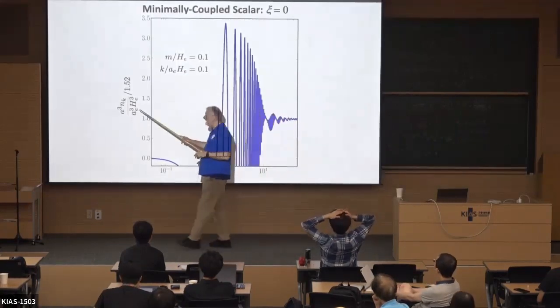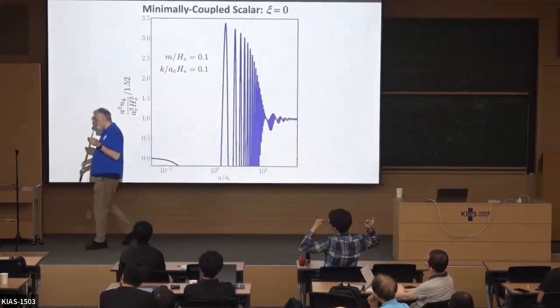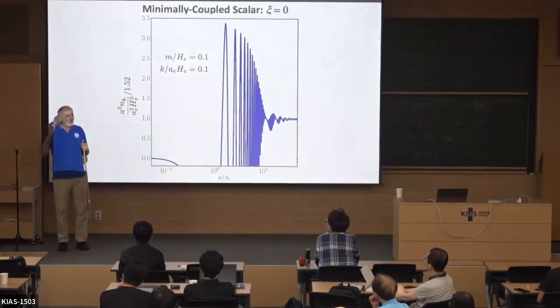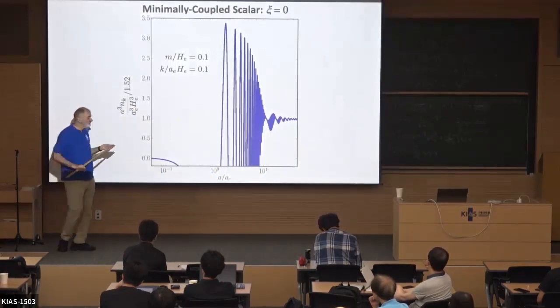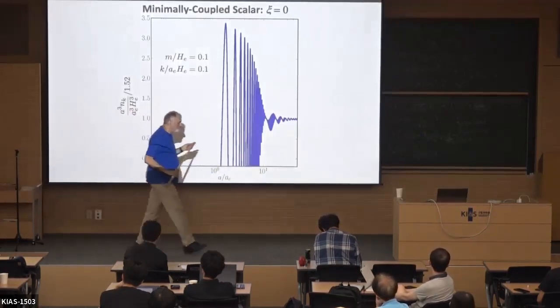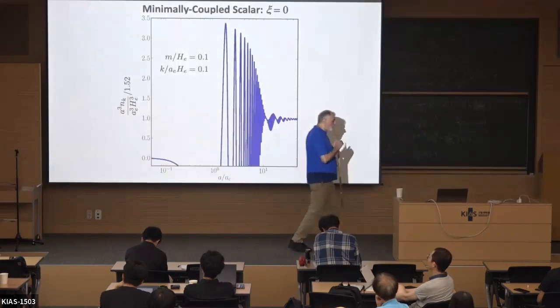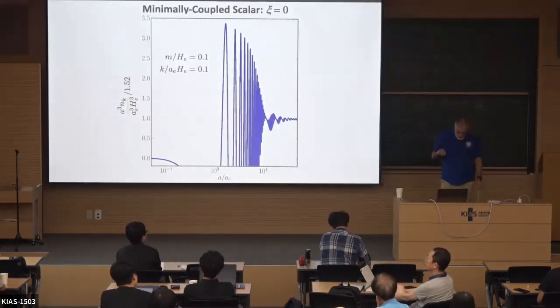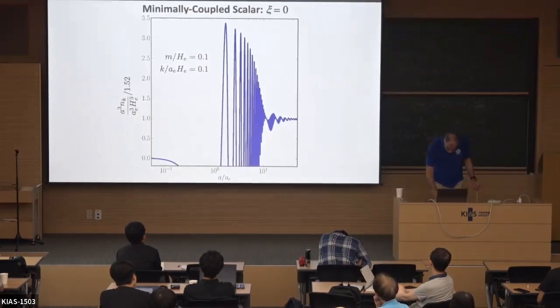And writing n sub k in terms of the absolute value of beta squared only makes sense if omega k is real. So this is the indication that conformal coupling and minimal coupling are going to be different.